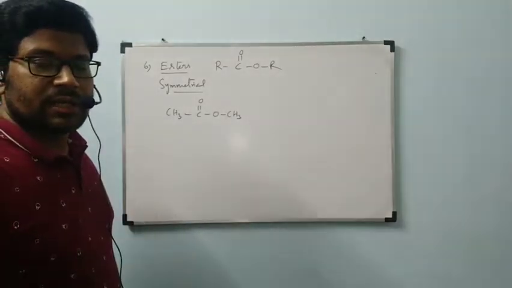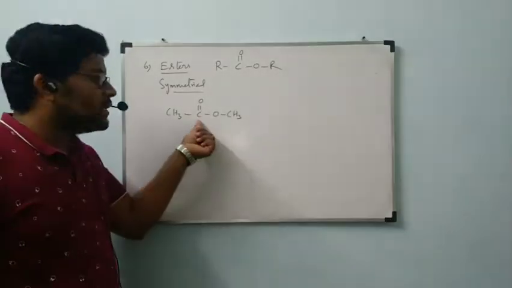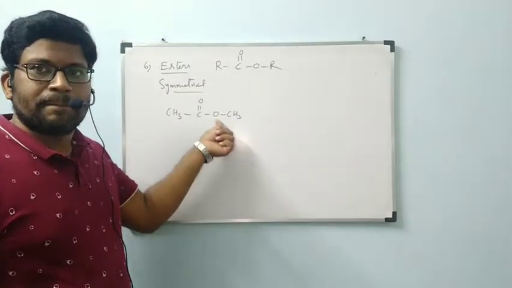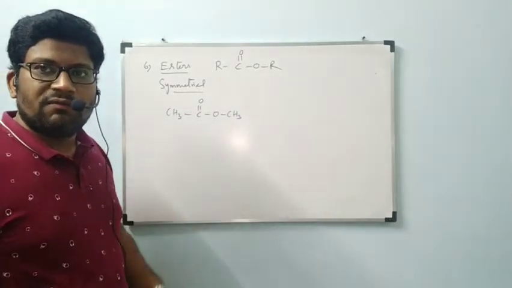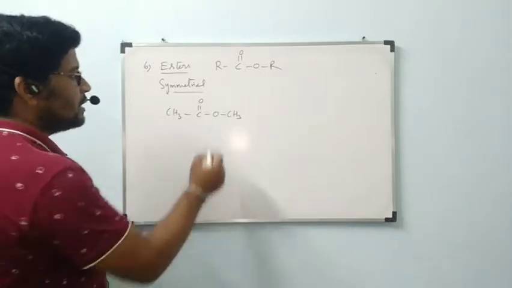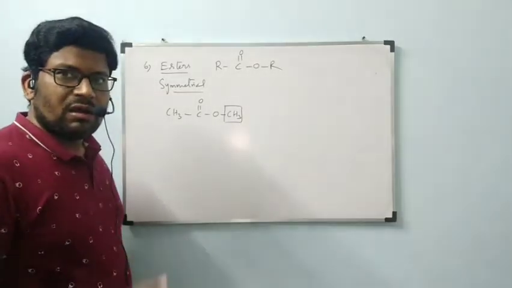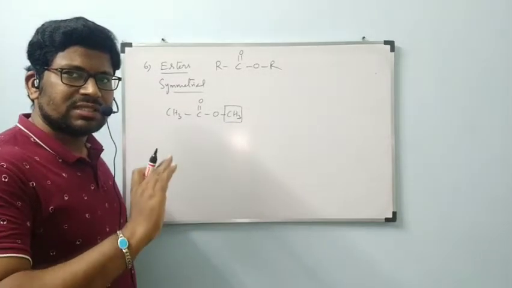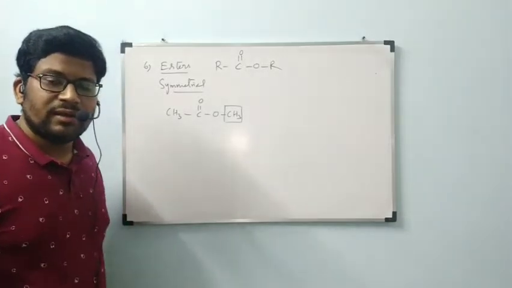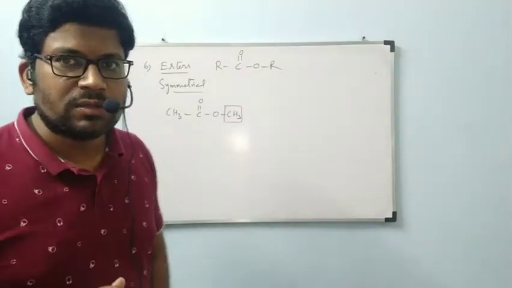Please remember carefully. In this ester, definitely one alkyl group is bonded to carbon and one alkyl group is bonded to oxygen. First we have to identify which alkyl group is bonded to oxygen. Keep it in a box. Whatever way they give it, even in inverse, we have to identify which alkyl group is bonded to oxygen. That one, keep it in a box.